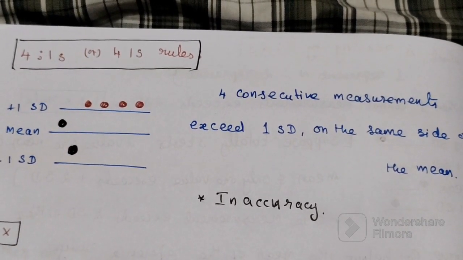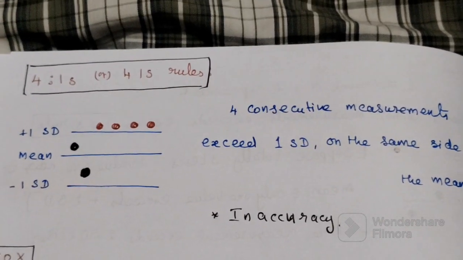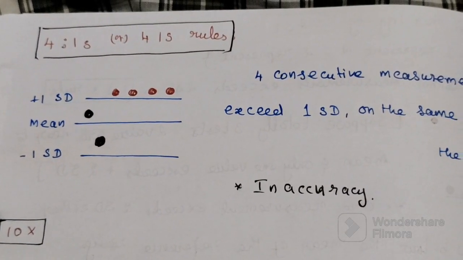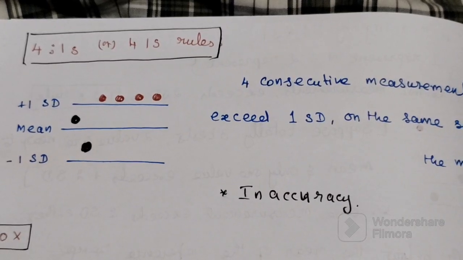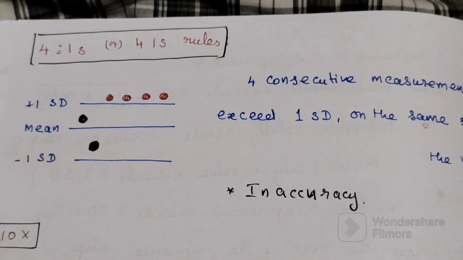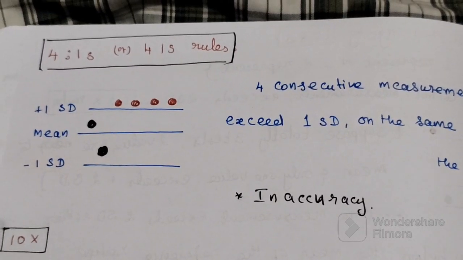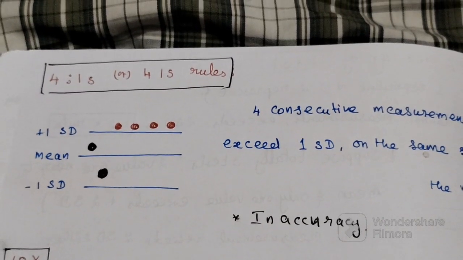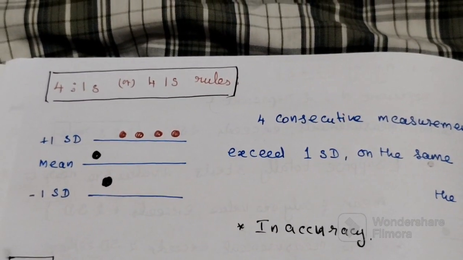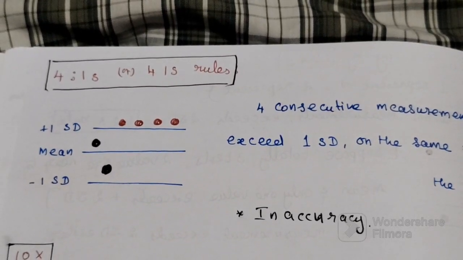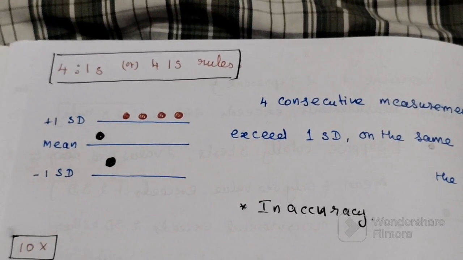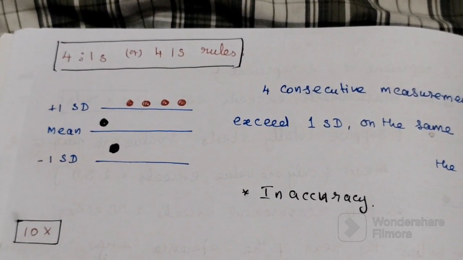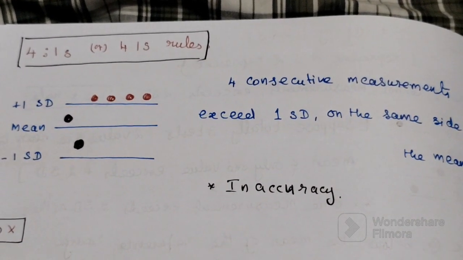If you are running two control levels, then for 2 days, if you get 2 data points above one standard deviation, it is also the 4-1s rule, across run. It denotes a systematic error, and definitely it is a rejection rule, and we have to troubleshoot the causes of systematic error in our analytical process.